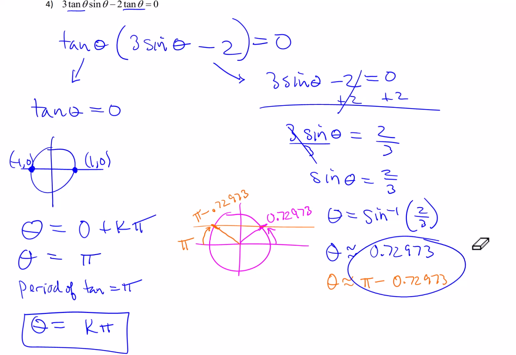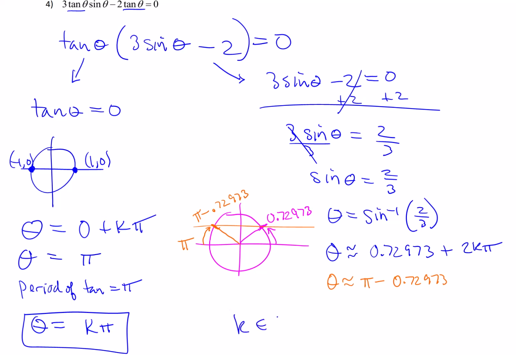Even though we're using nasty approximated decimals, you can still see it there, which is that when you take the first solution of 0.72973 and you add the period of sine with a multiple of k, so it would be 2k pi or 2 pi k or k2 pi, anything like that, where k again is an integer.